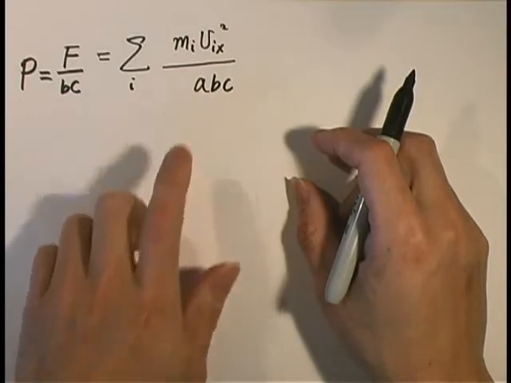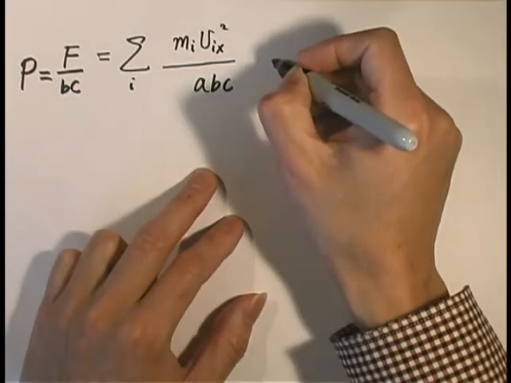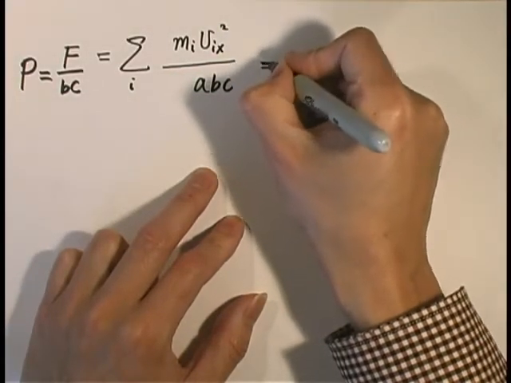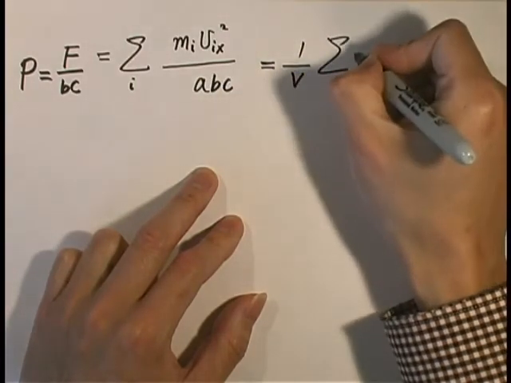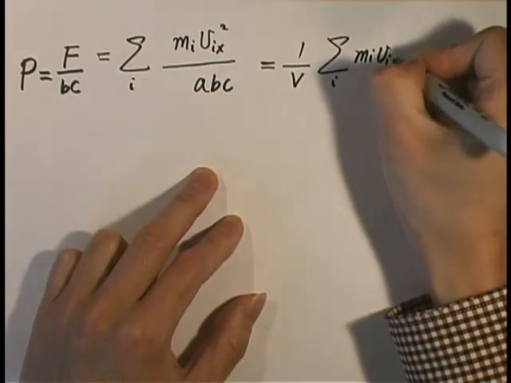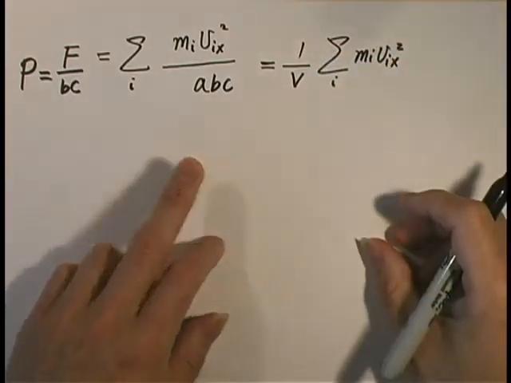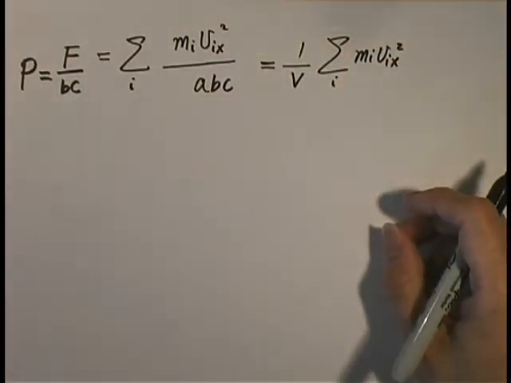A times B times C. Isn't that the volume of this box? So that's 1 over V, volume, times the sum of m_i v_ix squared. All right, there we go.